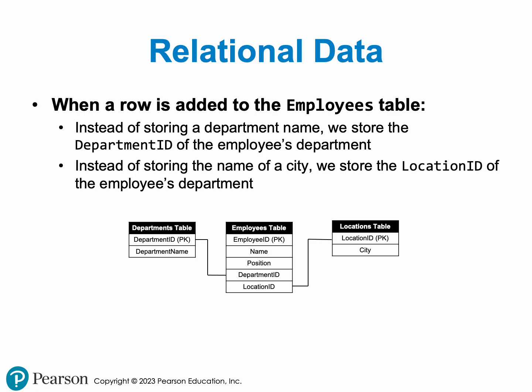Now, when we are adding a certain row to our main table, which is employees, instead of storing all of the information in it, we're going to store the department ID only, and then that department ID will tell us which department name refers to that department ID. The same idea with the location ID. We're just going to store the location ID instead of storing the name of the location, and whenever we need to find which city that is based on the location ID, we will look at the locations table.